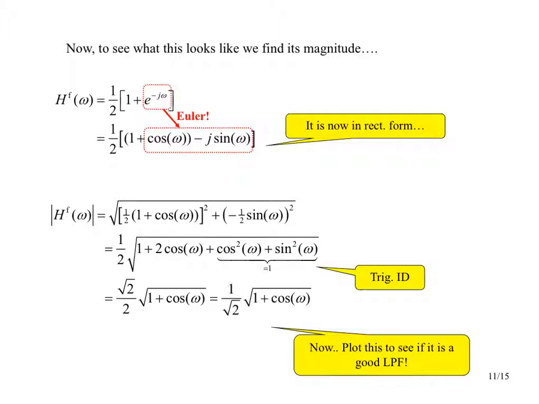So what we're going to do is just play a little trick. We see an e to the minus j omega, and we go, aha, Euler. So we can write that out as cosine of omega minus j sine of omega. And so, we went from something here that was in neither rectangular nor polar form, right?